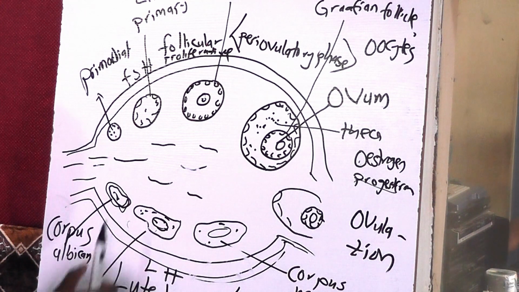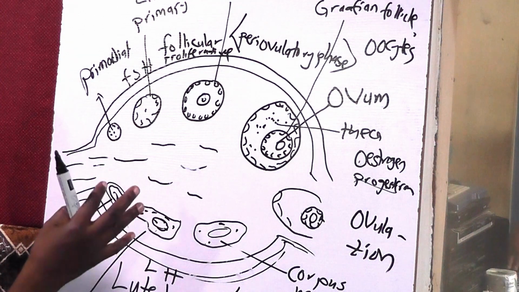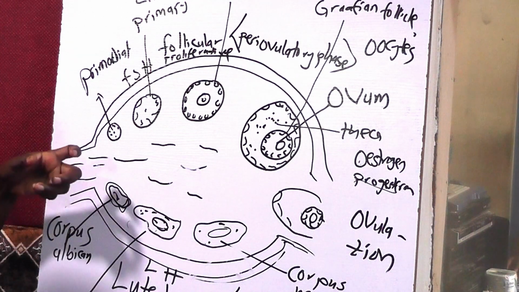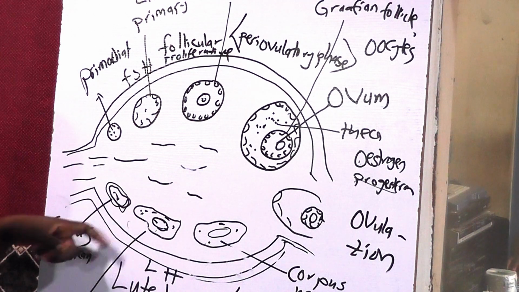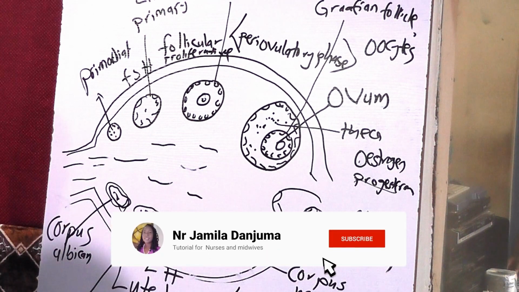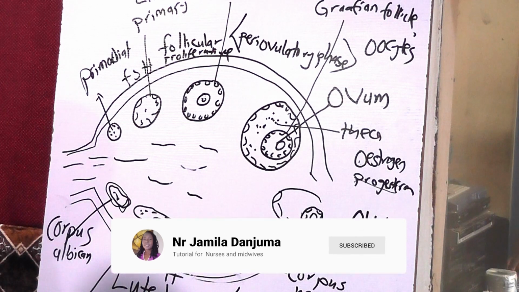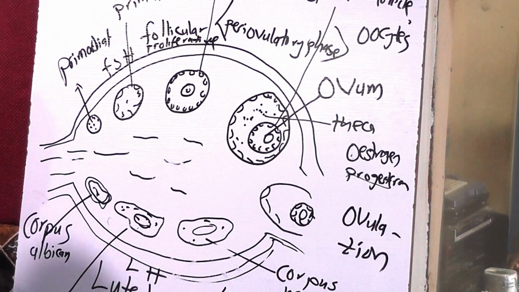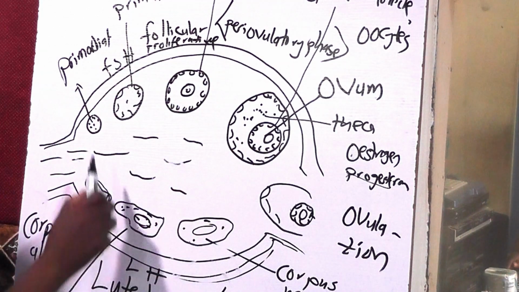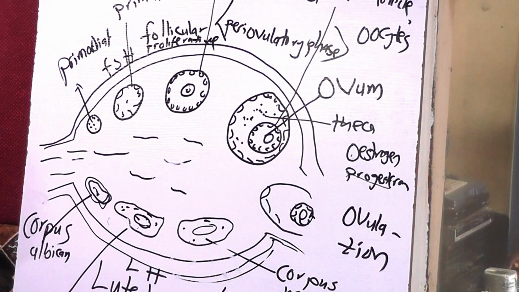Once the level of progesterone gets to its peak, the corpus luteum undergoes degeneration, and then the level drops, which leads to the sloughing of the endometrium of the uterus, known as the menstrual phase. After the menstrual phase, the proliferative phase begins again. So that's how the cycle continues.